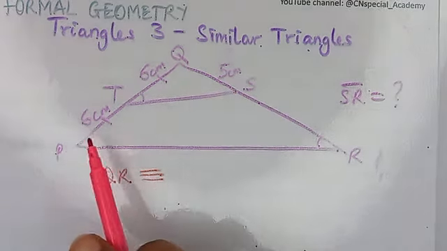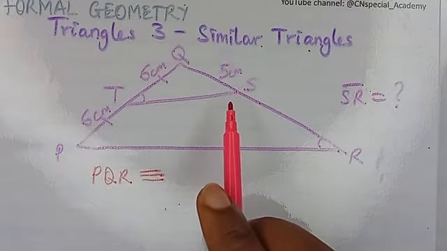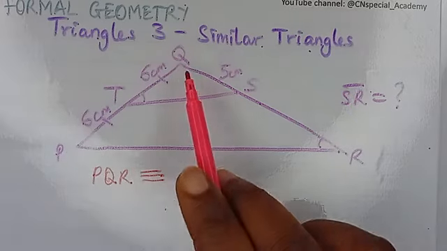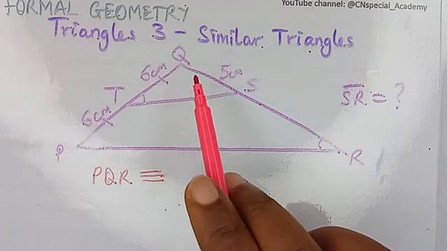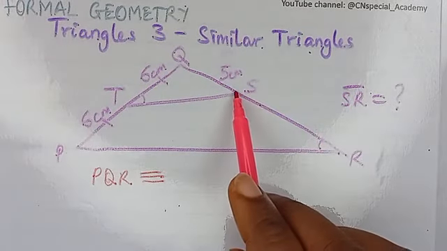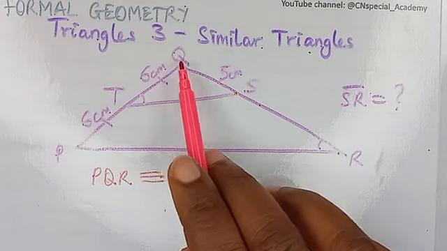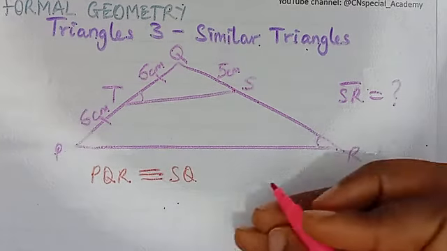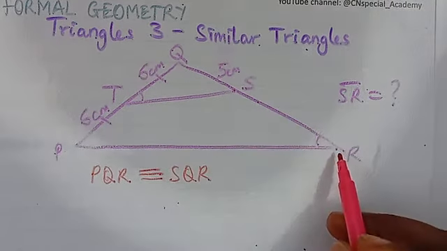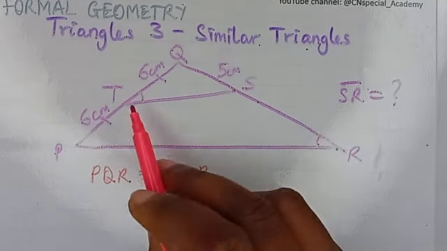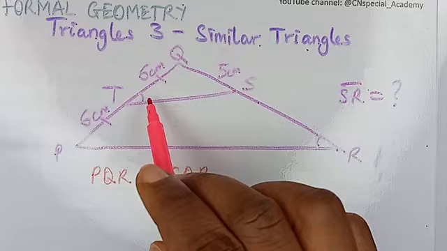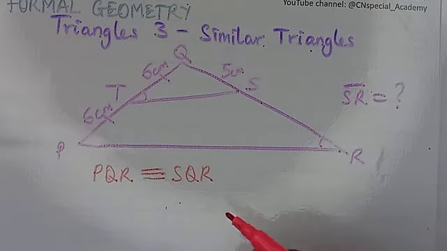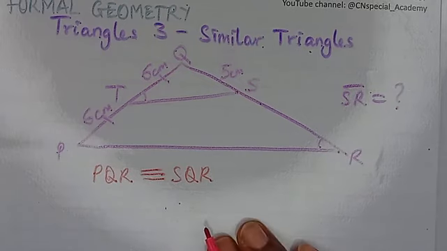That was where we started from. This angle not shown corresponds to this angle that they share. So we say S, Q, and of course the third letter, which corresponds to R, corresponding to T, which is this other angle that was shown. So we have named them correspondingly.